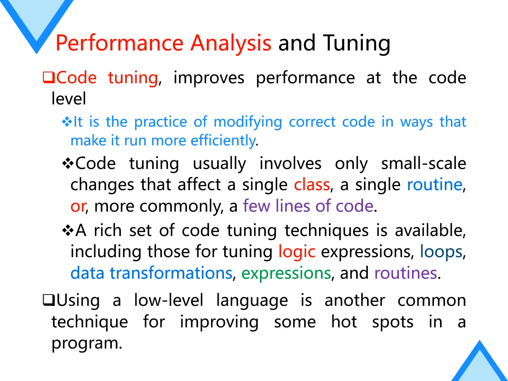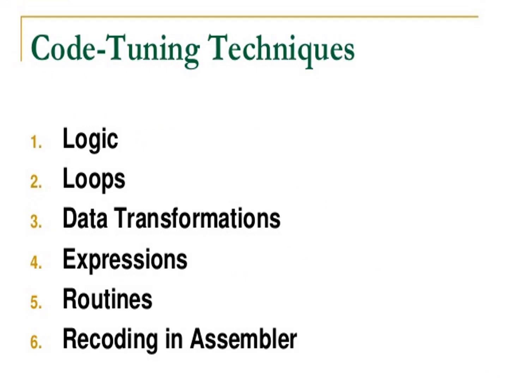Using a low level language, besides logic, loops, data transformation, expressions, and routines, is also an option. So in the previous slide we discussed some code tuning techniques, which we want to cover in order.